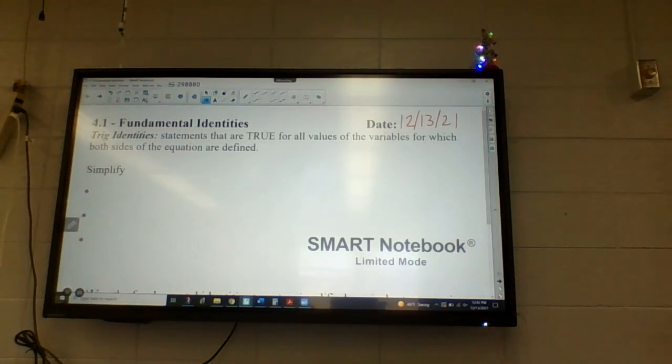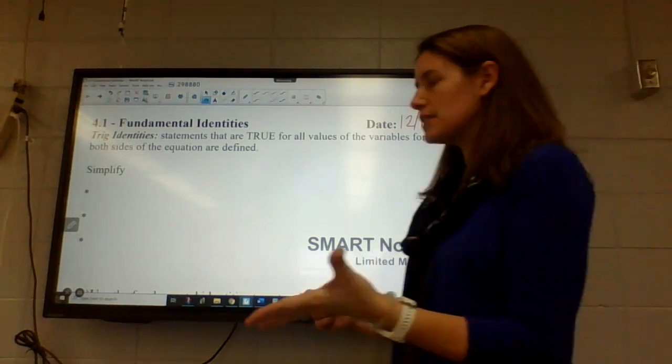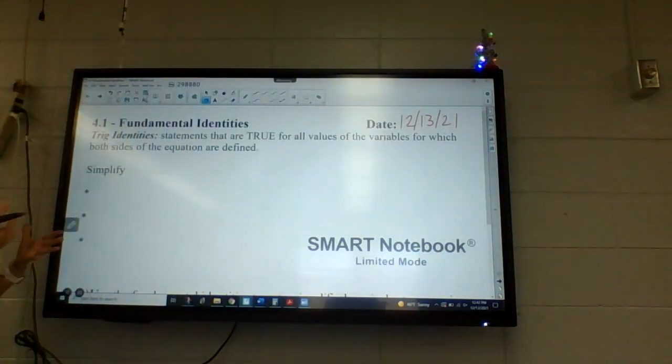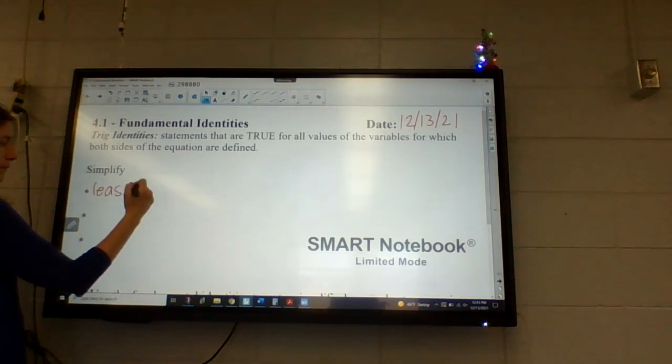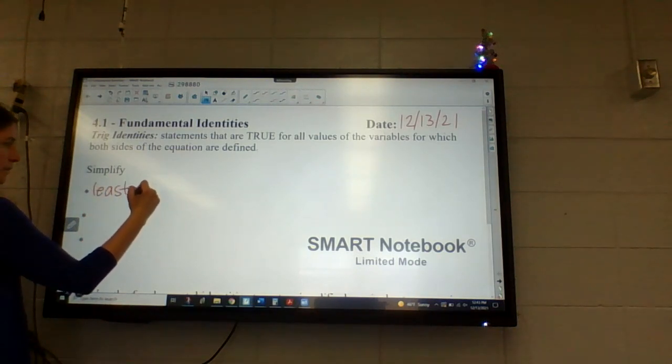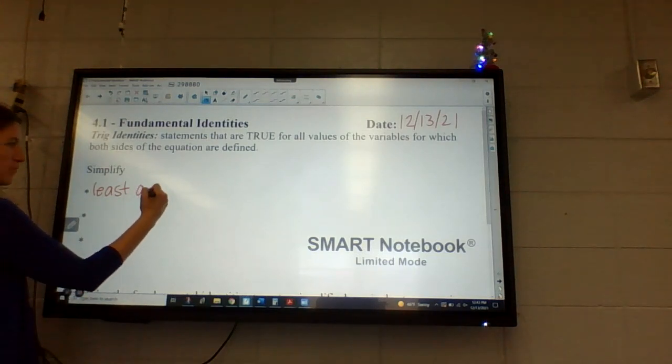When I say to simplify, we want the smallest number of trig functions possible, the least amount of trig functions we can have. Does that make sense? Least amount?